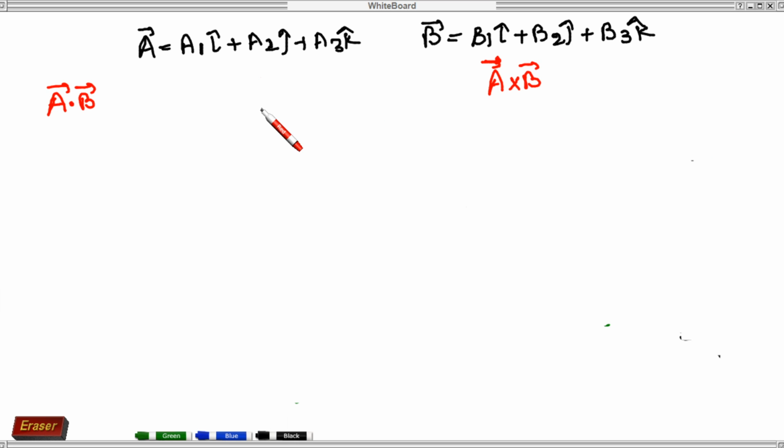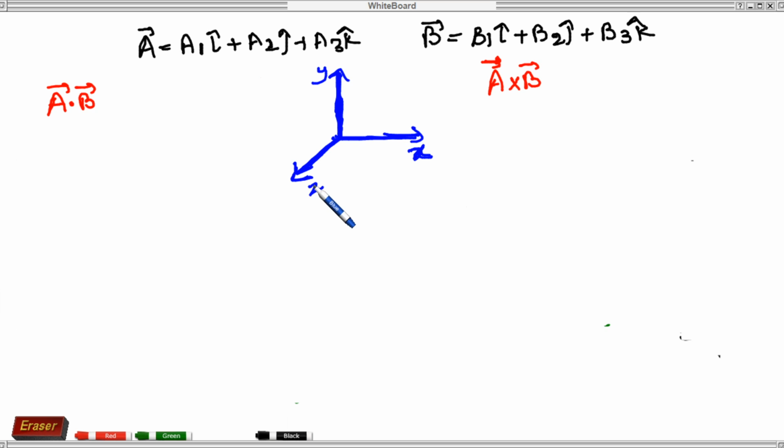You have to remember this thing, it's very important. This is the x-axis, this is the y-axis, this is the z-axis.